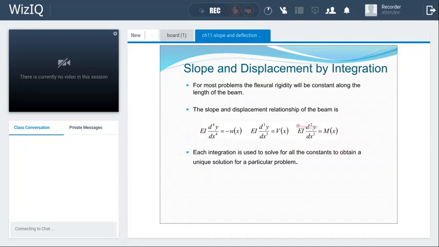So if we look here, EI d2y by dx2 is equal to M. EI d3y by dx3 is equal to shear force, and EI d4y by dx4 is equal to the rate of loading. So we will start with this equation, which is the differential equation of elastic curve, which relates curvature with the bending moment.